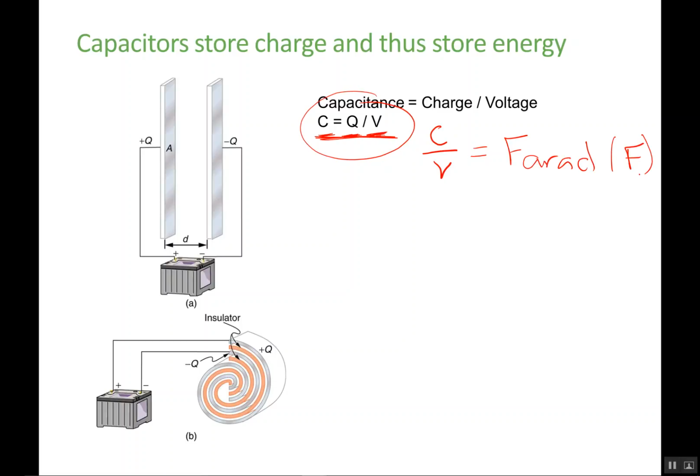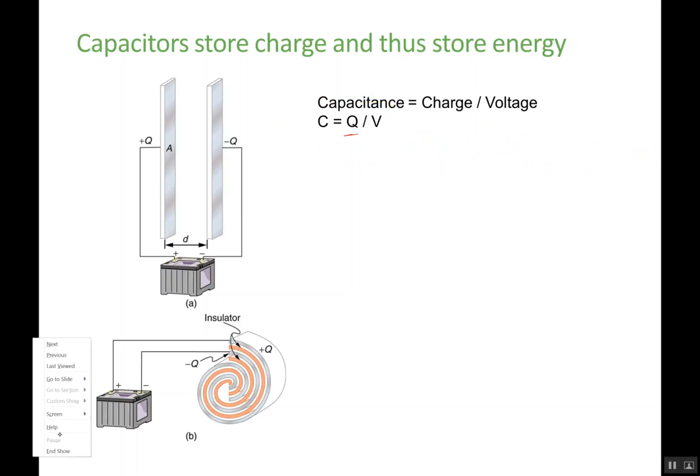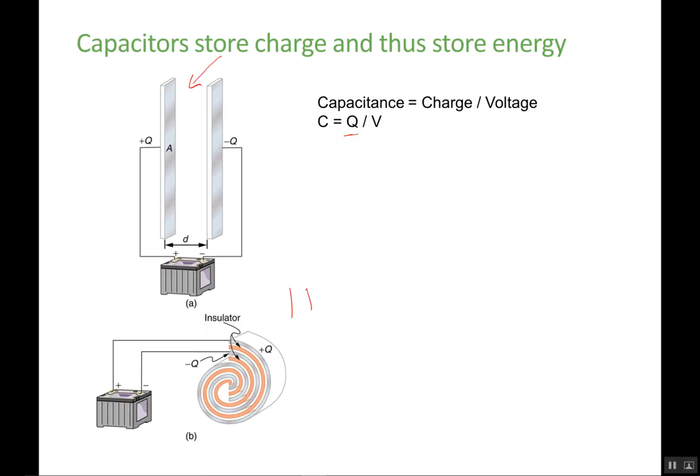It turns out 1 farad is a tremendous amount of capacitance. Most capacitors are devices that have microfarads or nanofarads or even picofarads of capacitance. Most capacitors that you find in electric circuits are not of the parallel plate variety. Instead, they look like little barrels with leads coming out the bottom, or they look like little ceramic discs.